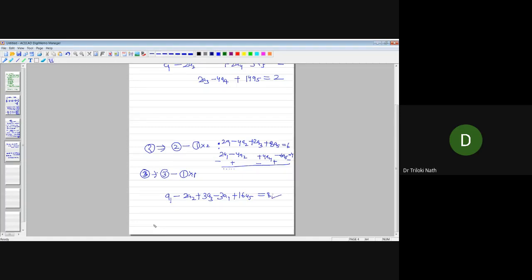And the first equation is now a1 minus 2a2 plus 2a4 minus 3a5 equals 2. Now subtract. So here minus, here it is plus, here it is minus, here it is plus, and here it is again minus.